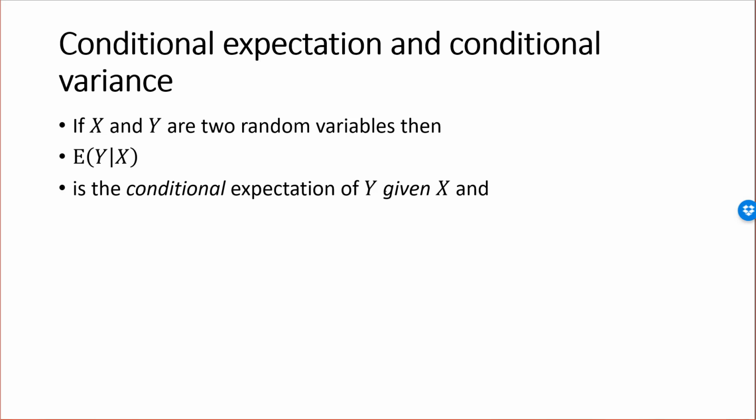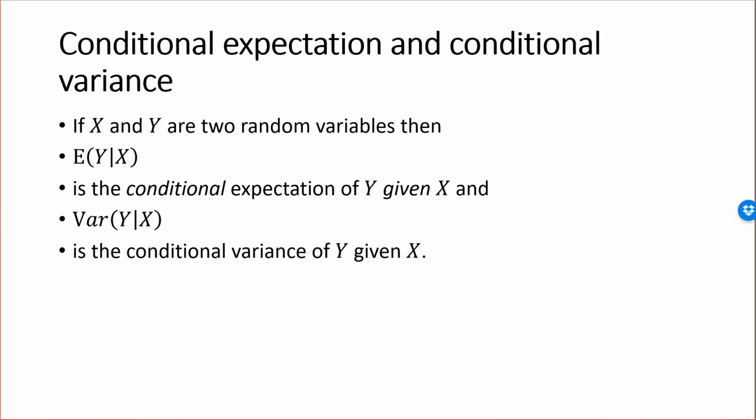So that's called the conditional expectation. And the conditional variance is denoted using similar symbols. So the variance of y given x is the variance of the random variable y, given that I have a specific value for another random variable x.